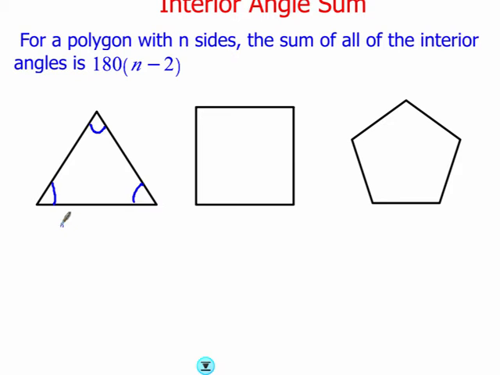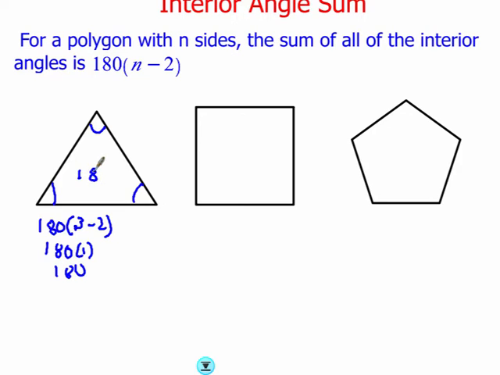If I think about this, well, 180 times, well, I've got n, which is 3, minus 2. We know this is going to end up to be 180, but let's work this out. 180 times 3 minus 2 is 1. 180 times 1 is just 180. So we showed that this formula works for a triangle.